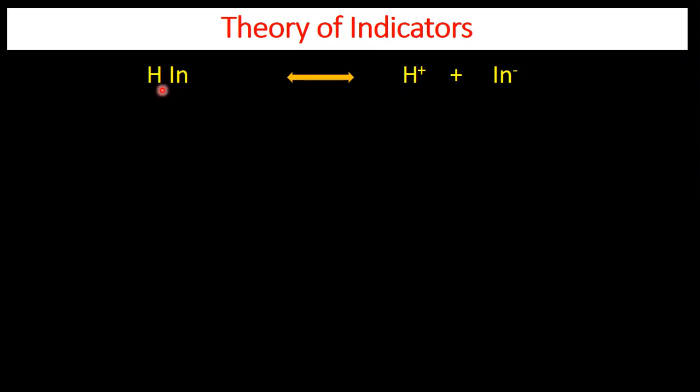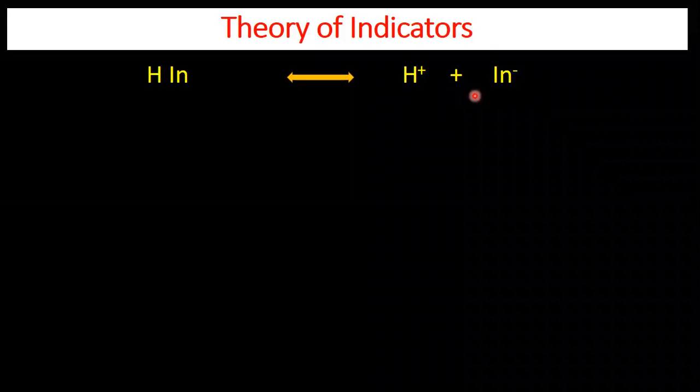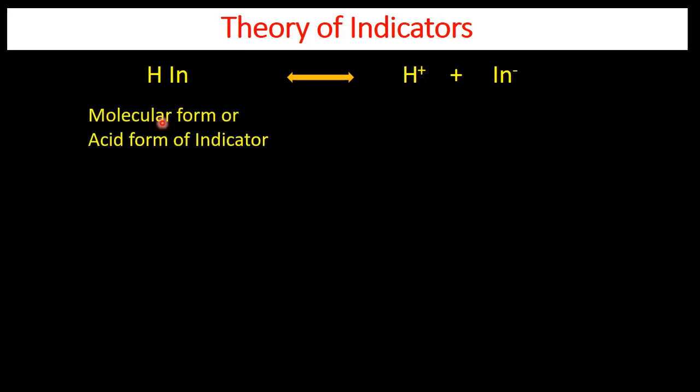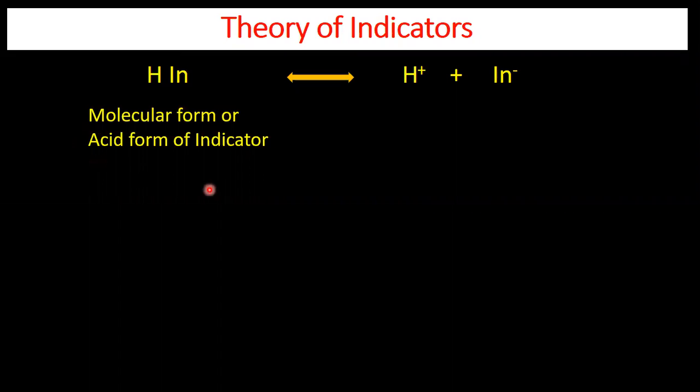When it is dissolved in a solution, it gets ionized as H plus and In minus. This is the equilibrium arrow. This form is called the molecular form or acid form of the indicator, since it is molecular in nature.